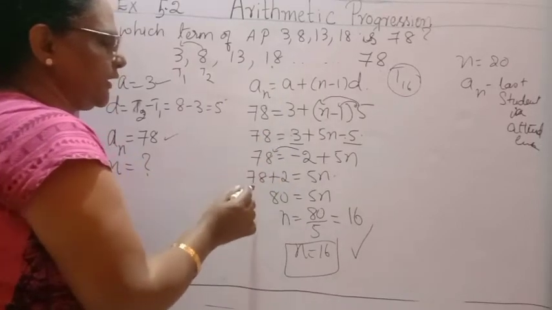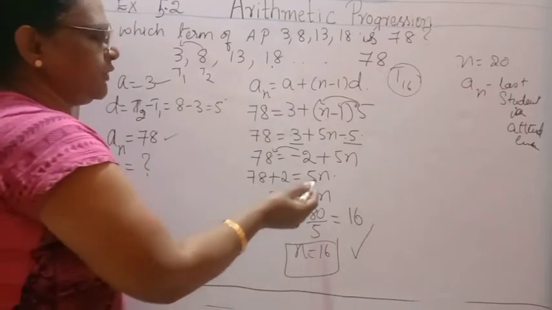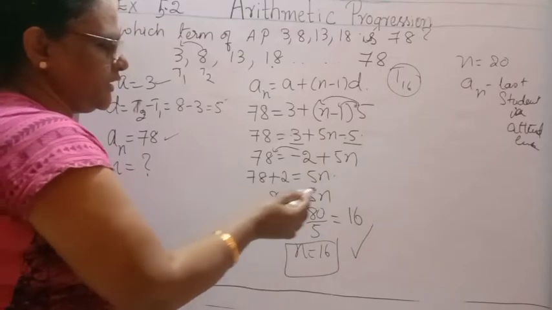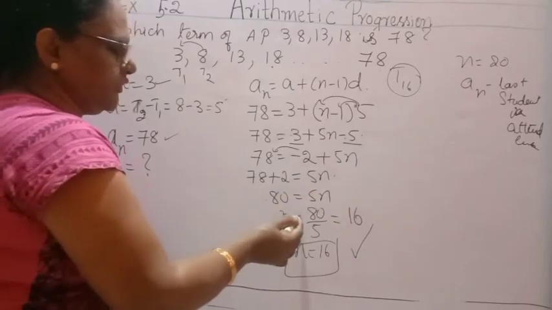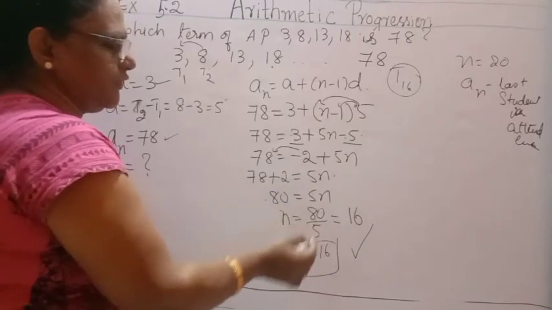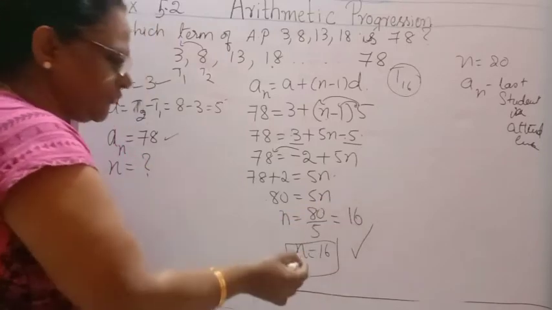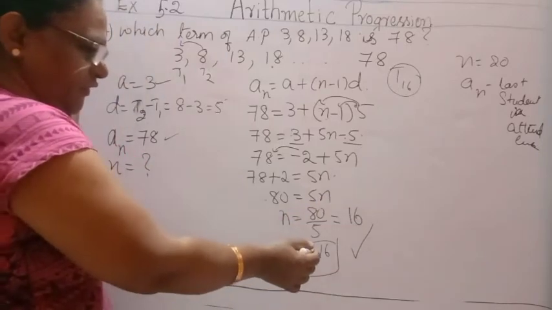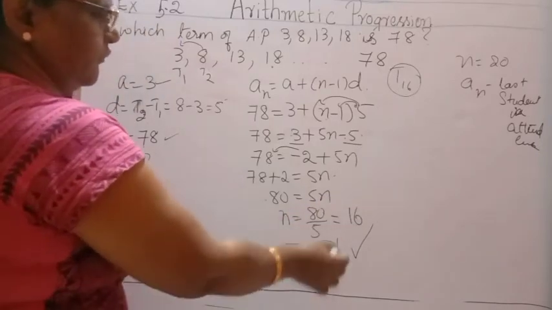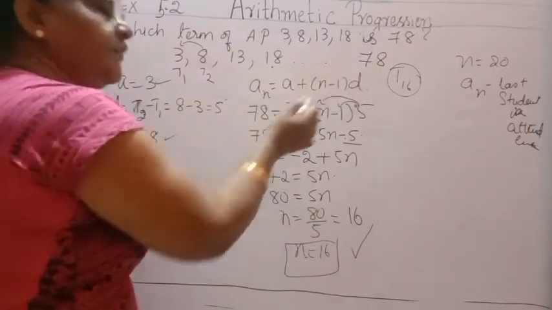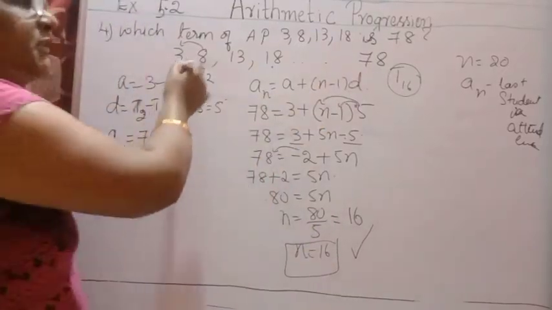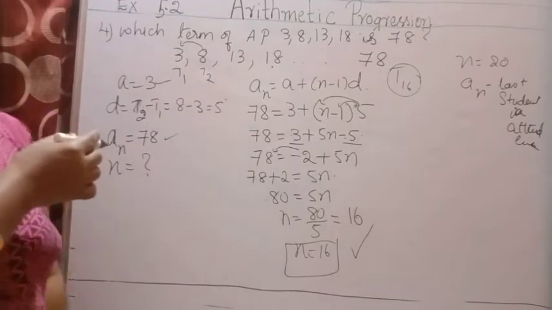Shift minus 2 here, that becomes plus 2. 80 is equal to 5n. n is equal to 80 by 5. If you cancel, you will get 16. Therefore, the value of n is equal to 16. Therefore, how many terms are there in this sequence? It is nothing but 16. There are 16 terms in this sequence.